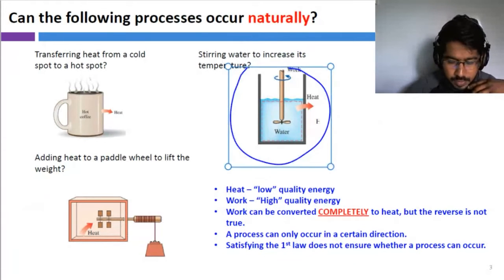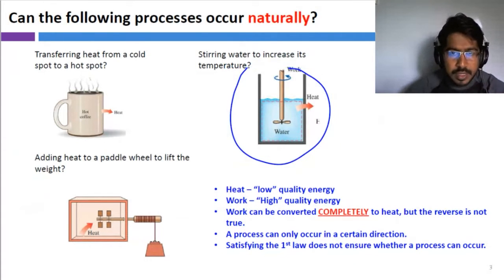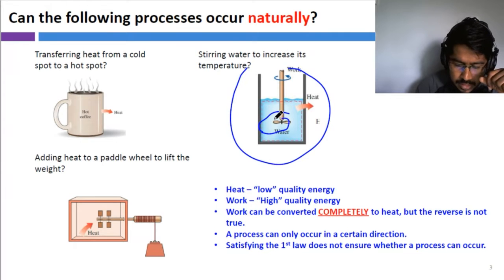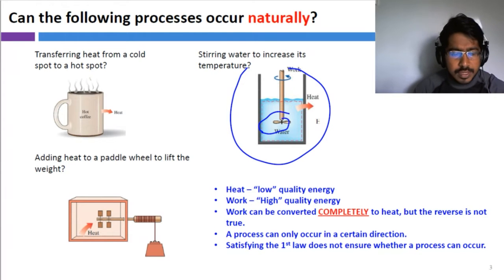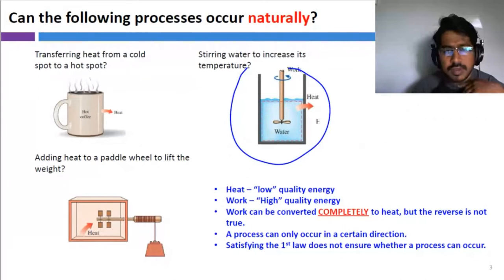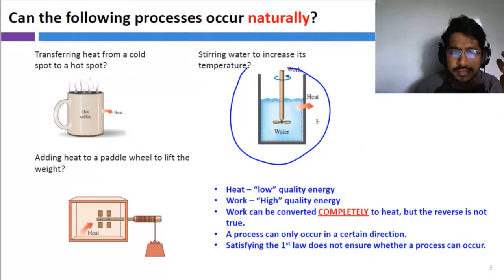Then, if we do that, can we rotate the stirrer back? We can see there are fins and so on. If we supply the heat, can we get this stirrer to rotate back the same amount, right? So initially we stir the water using the stirrer, and then it generates heat, and some amount of heat is lost to the environment.